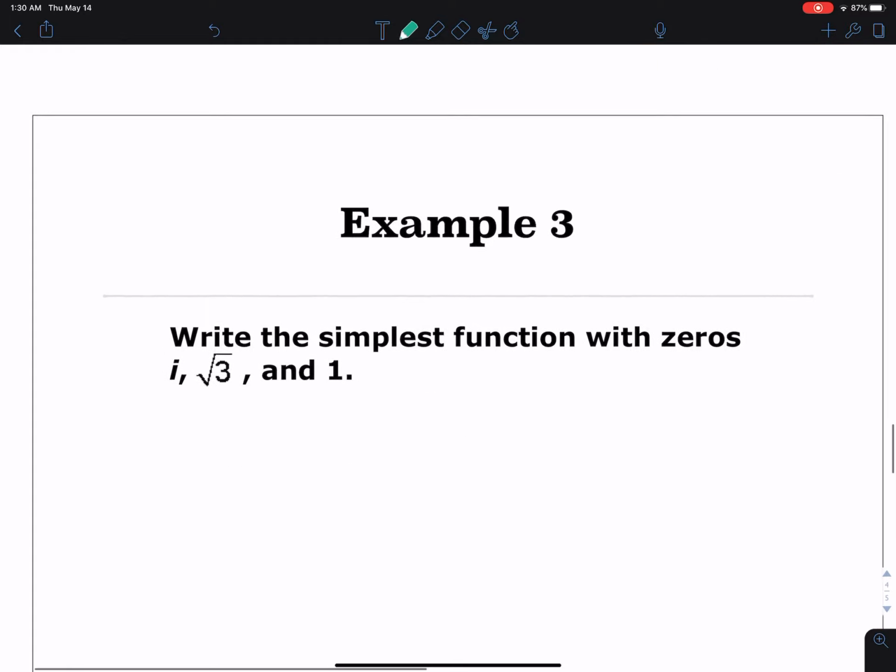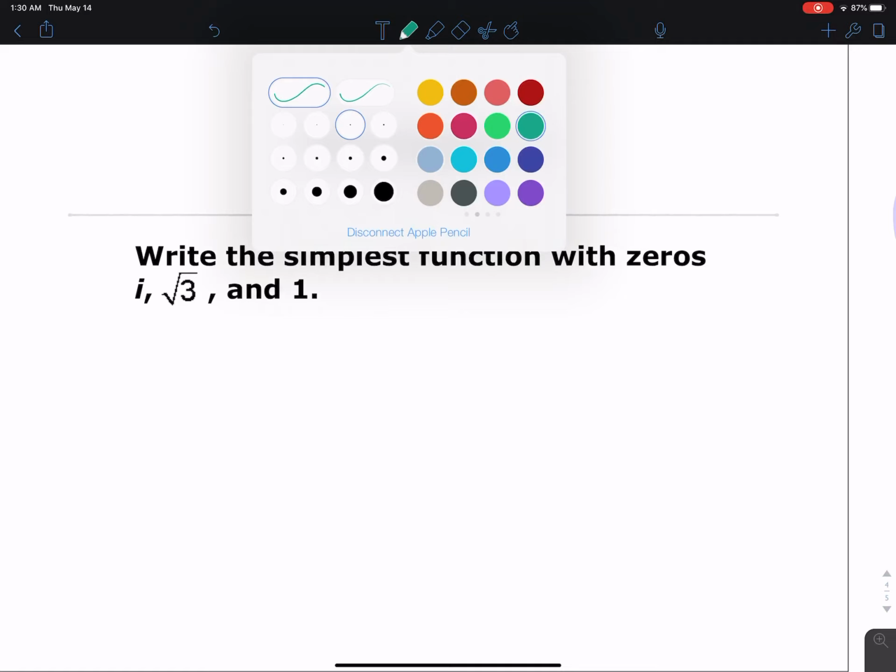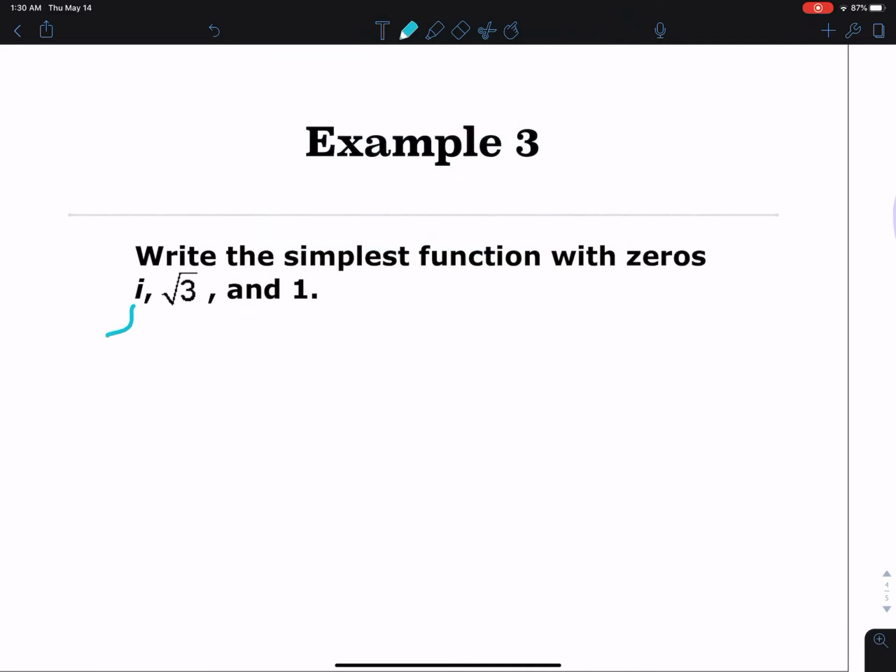So taking a look at that in action, here's example 3. So the simplest polynomial, or the simplest function with zeros i, square root of 3, and 1. So again, anytime you see i, you're going to have x minus i and x plus i.